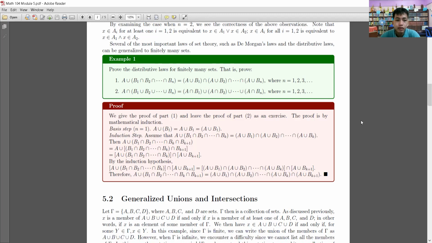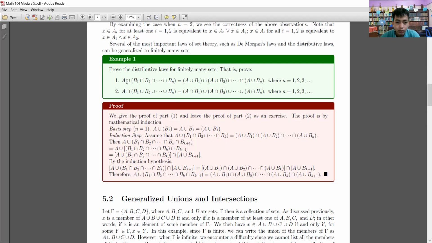Okay? So, proof. For number 1, our proof is by mathematical induction. First is the basis step. What if n equals 1? If n equals 1, we only have one set, B sub 1. So A union B sub 1 is just itself. So, this is true. For the induction step, we will assume that we have up to B sub k.